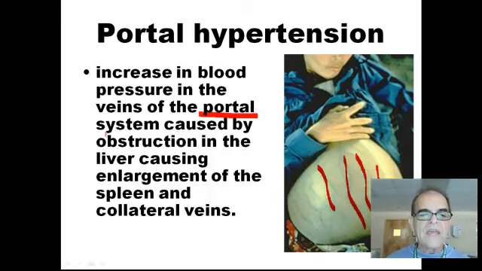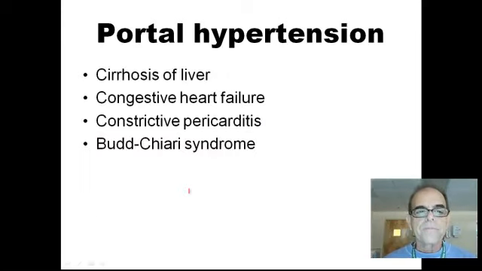The portal system is the portal vein, the splenic vein, and also the superior mesenteric vein, caused by obstruction in the liver, causing enlargement of the spleen, called splenomegaly, and collateral veins.